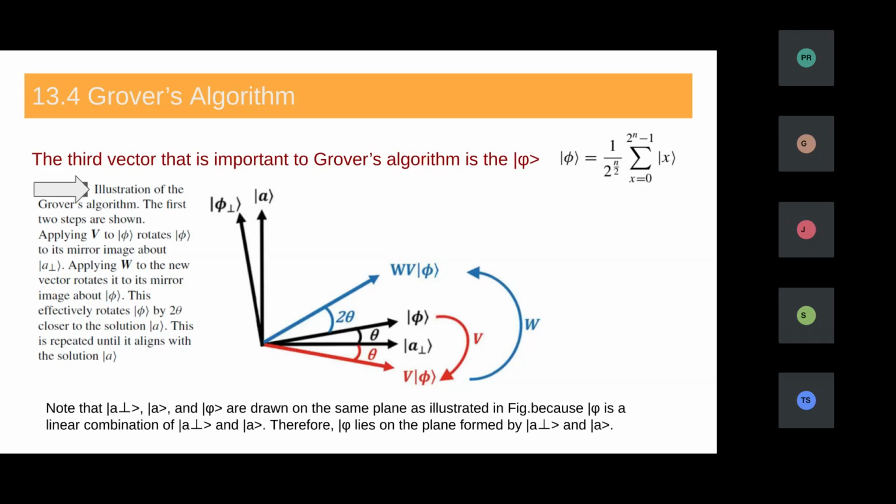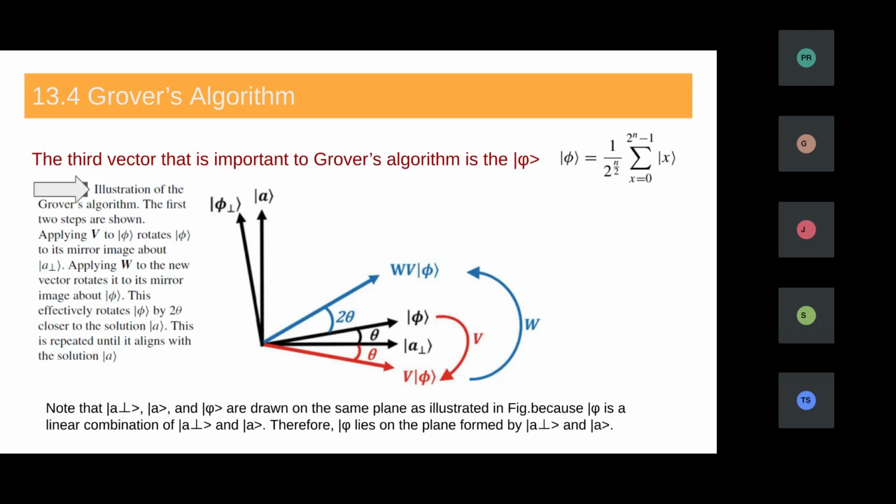What we are saying is that ket A perpendicular, ket A and phi are drawn in the same plane. Therefore, we are able to move this, and this is a linear combination of all the combinations from 0 to 2 raised to n minus 1.